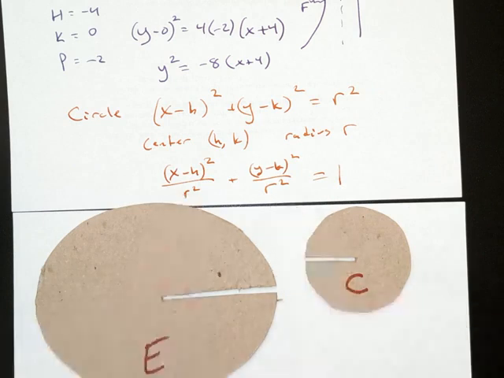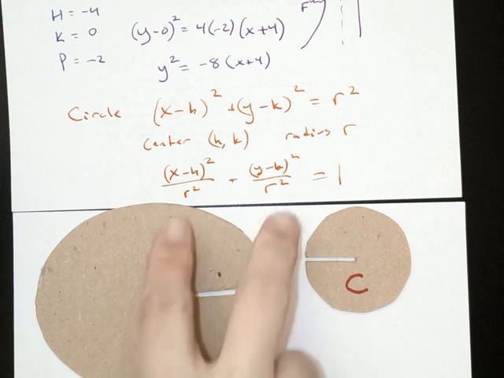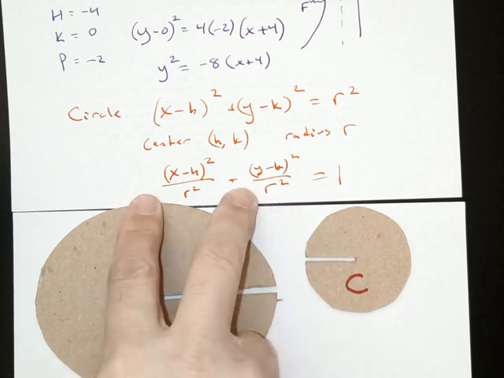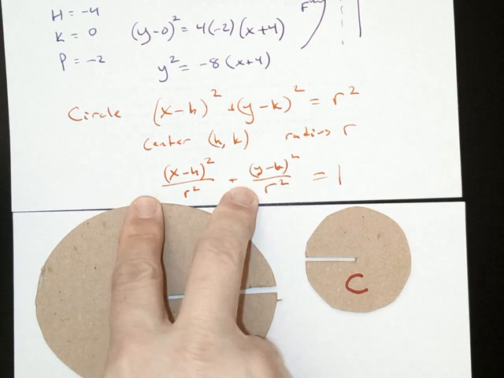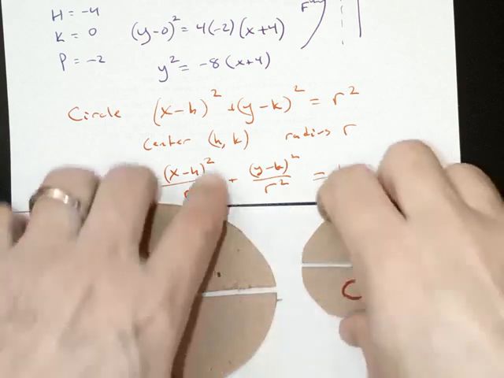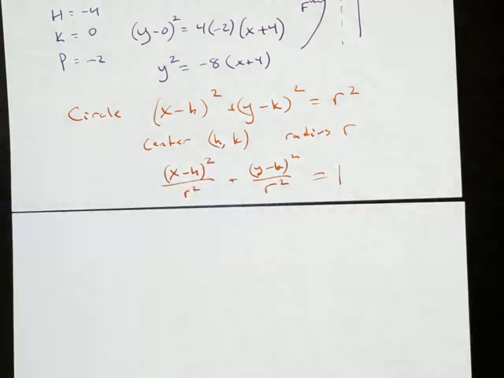How can I adjust this to make up the fact that I want x to be different in distortion from y? I can change the numbers. At the moment, these two numbers underneath the x and the y are the same. And that represents the fact that the radius of the circle is the same to the left and right as it is up and down.